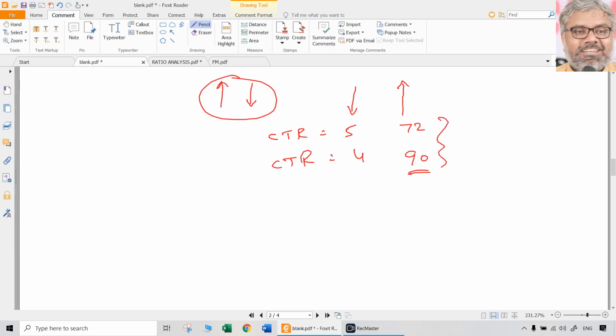But practically, we have to understand this should not be beyond the credit terms granted by the creditors. This in no way should be understood or interpreted as if we have to lag, we have to drag our payments to the creditors, let them come and beg us every week, and only after that we will pay.